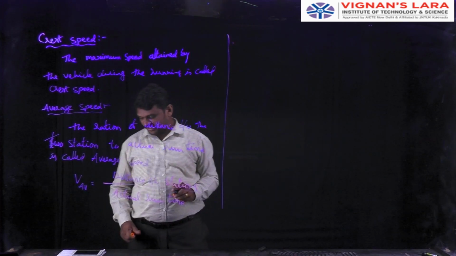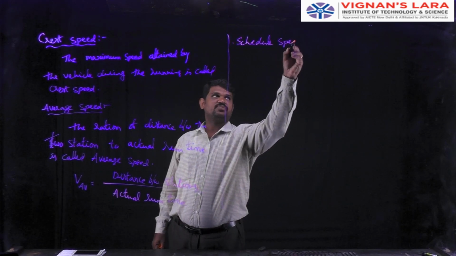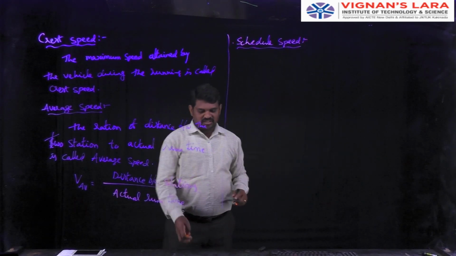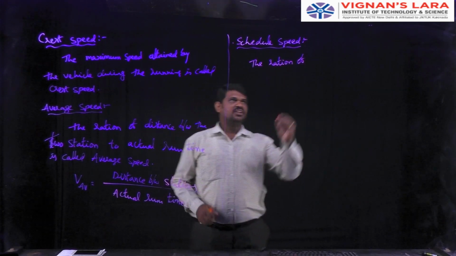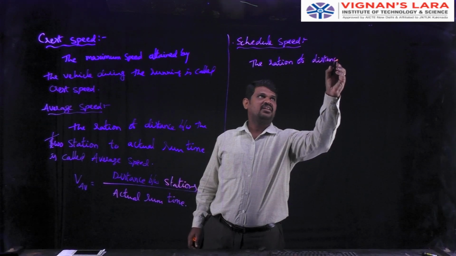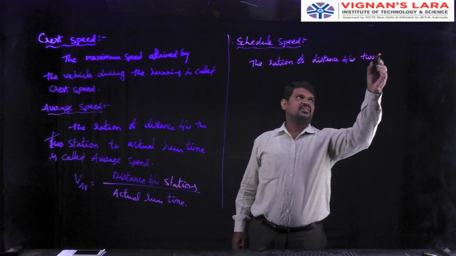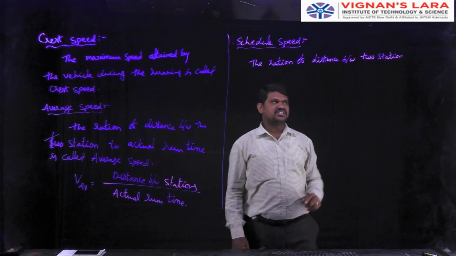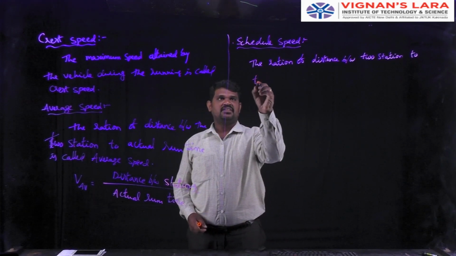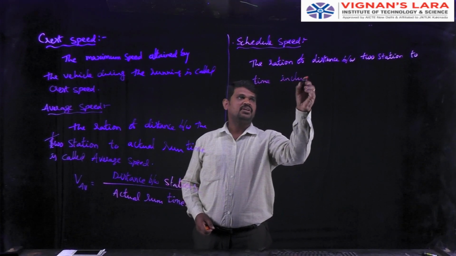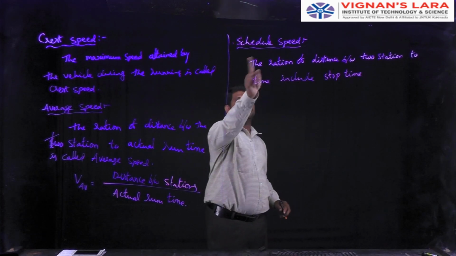The third definition is schedule speed. The ratio of the distance between two stations to the time including stop time is called the schedule speed.